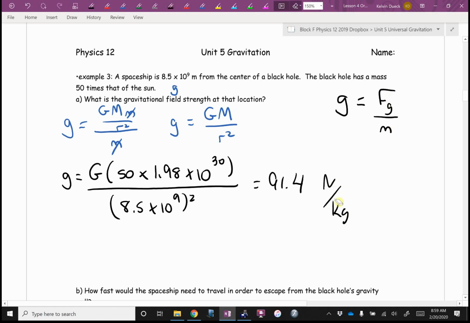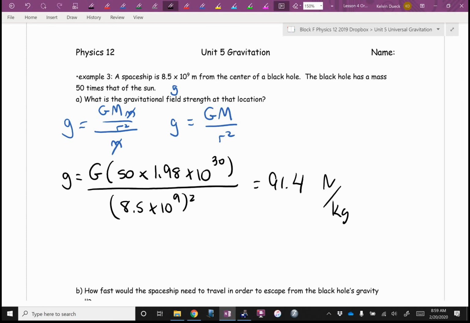You could have written meters per second squared here, because if you muck around with the units, you'll find newtons per kilogram does simplify to meters per second squared. Although I would also say anytime I'm talking about a gravitational field strength, I'll almost always use those units, because that contains the equation to solve gravitational field strength hidden inside of it. Take the Newton force of gravity and divide it by the mass in kilograms.